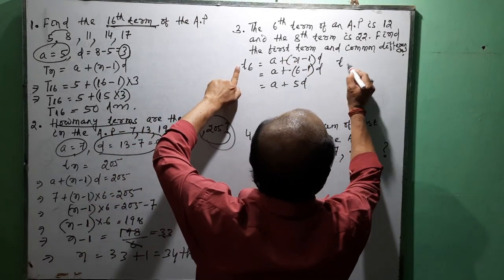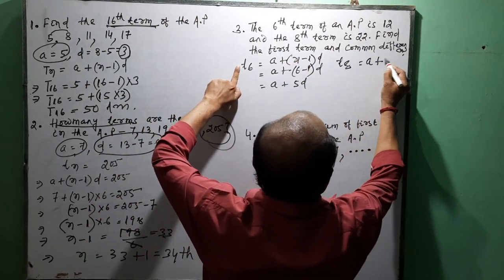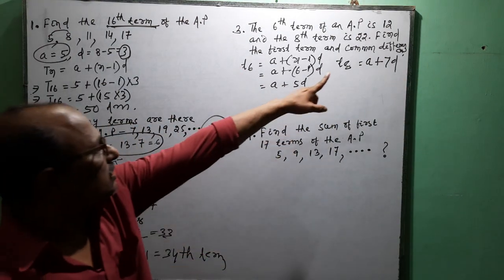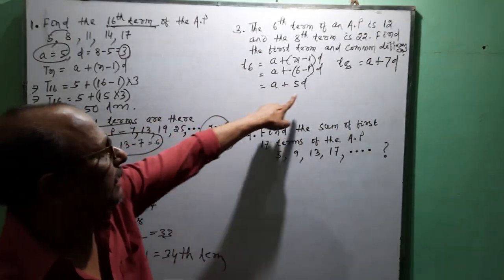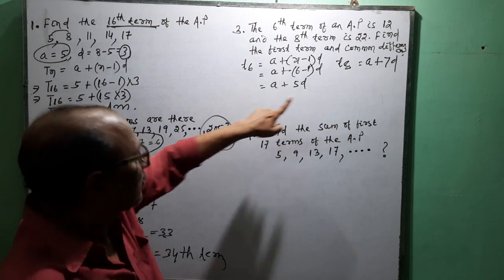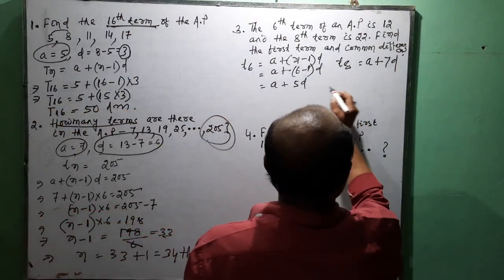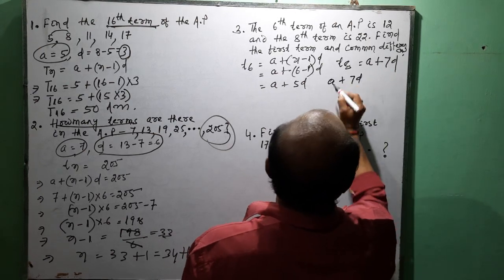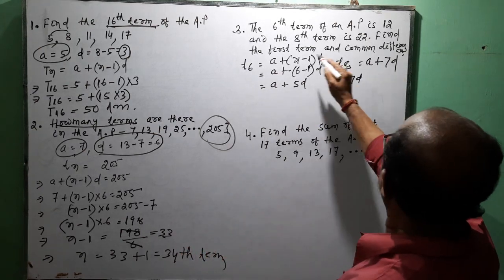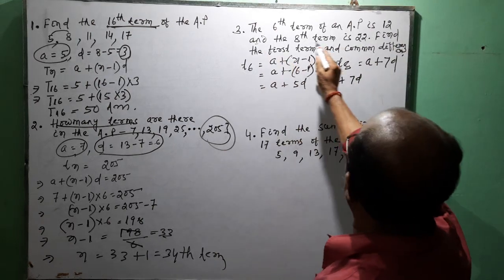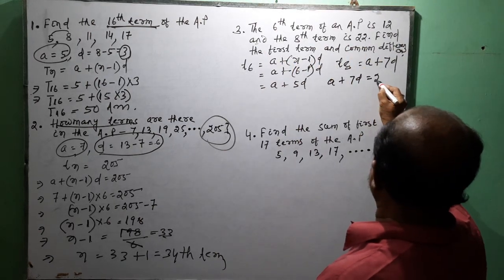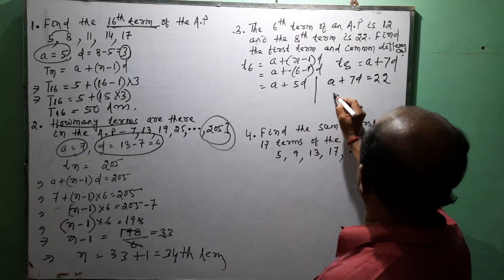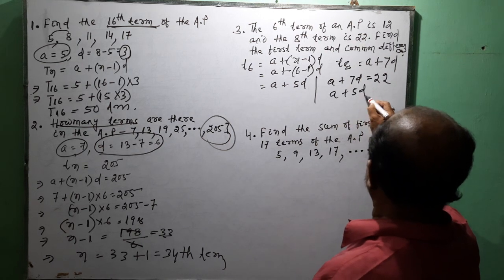The eighth term is likewise a plus 7d. The eighth term is 22, so a plus 7d is equal to 22, and a plus 5d is equal to 12.